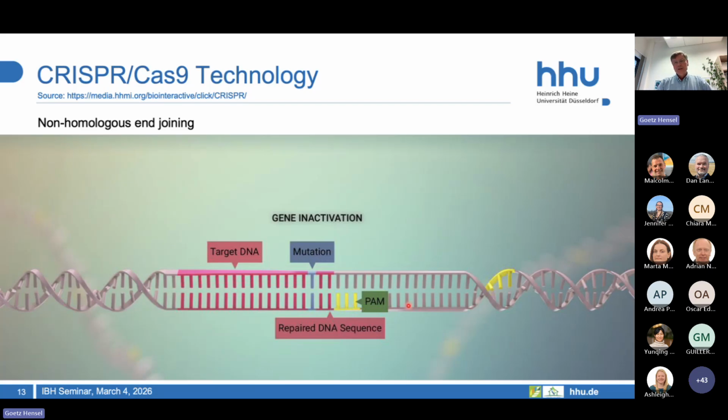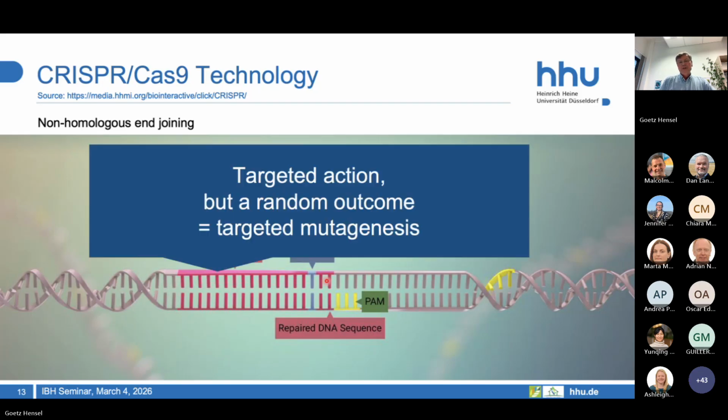And so here either insertions or deletions happen. And as this cannot be predicted, the precision is only in a way that we know the genomic site where we induce a double-strand break, but the outcome is rather random. So that's why we call this targeted mutagenesis.